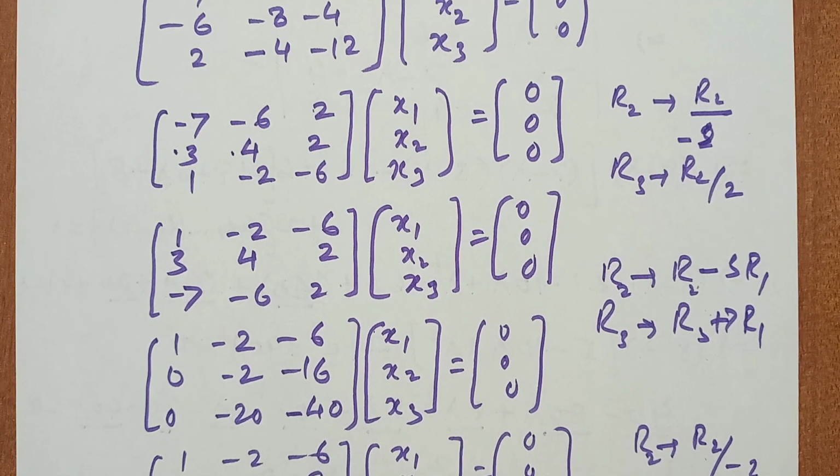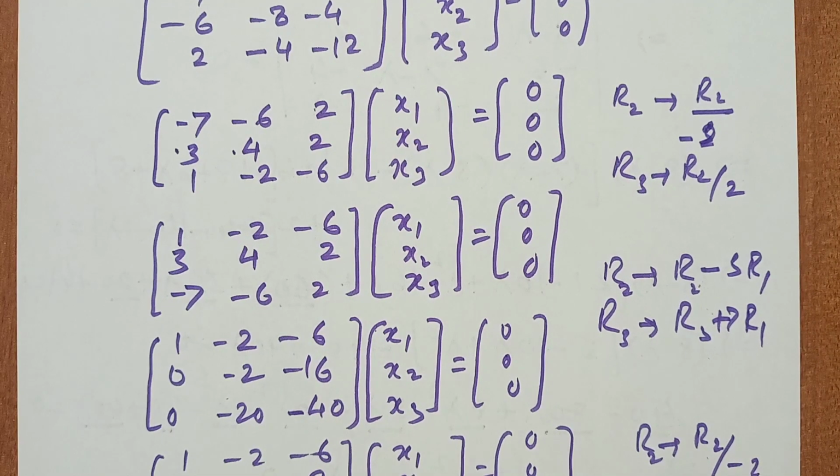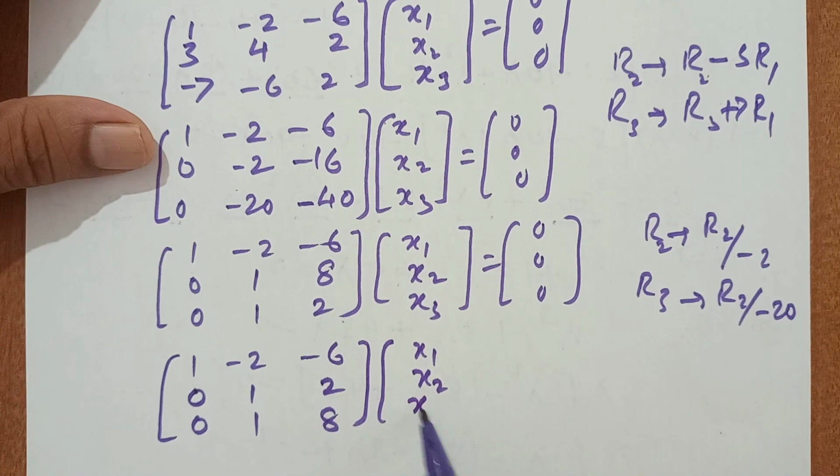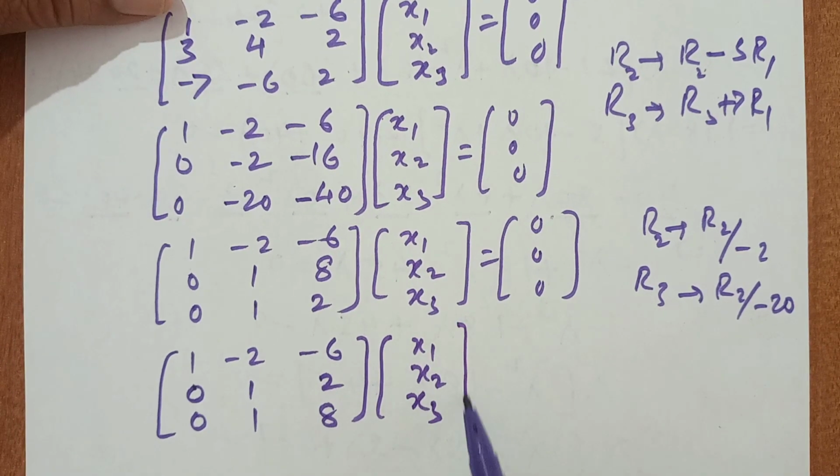If we interchange R2 and R3, 0 1 2, 0 1 8, x1 x2 x3 equal to 0 0 0.